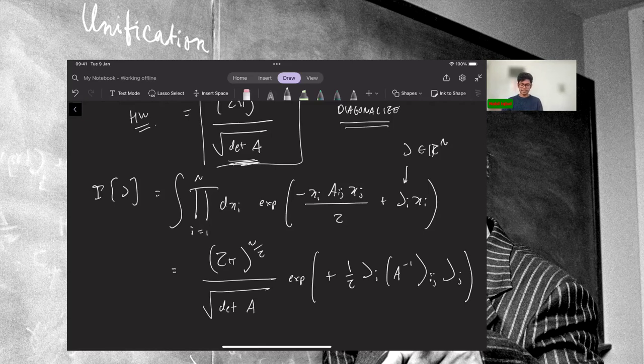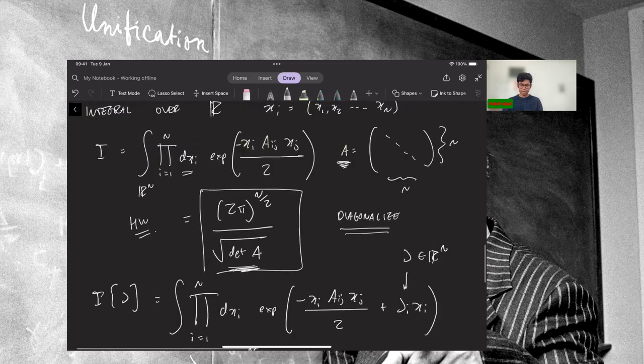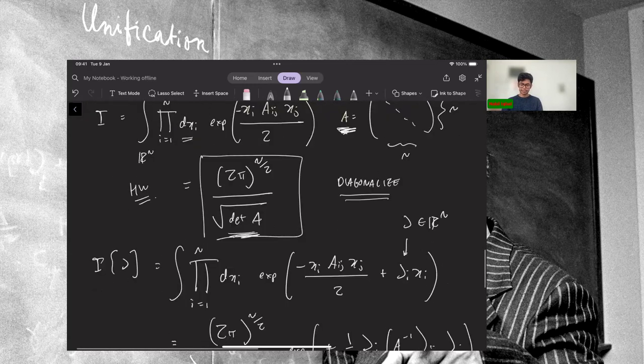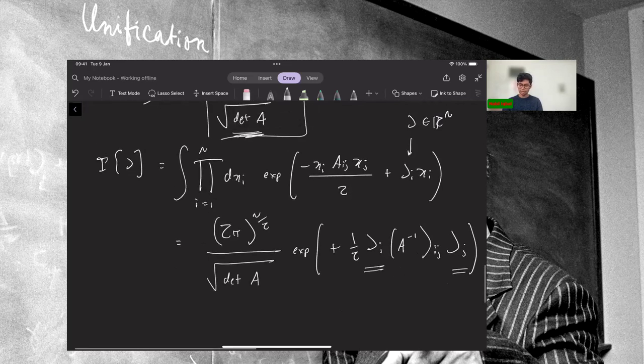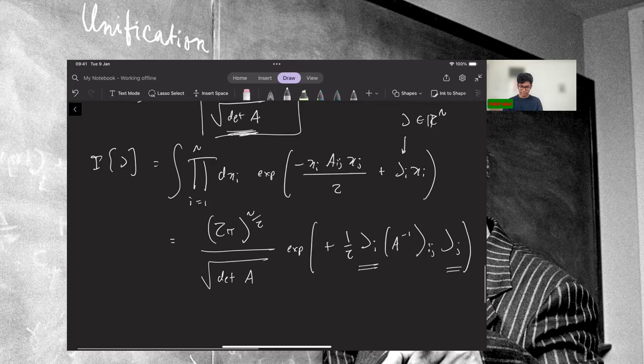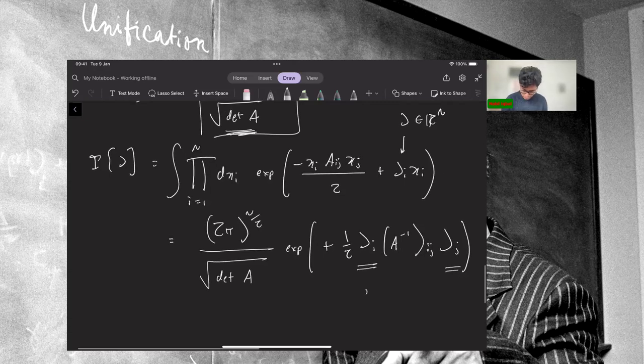Let's just take a second and think about this again. What's happening here? You see, A is a matrix, and so it has an inverse, hopefully. And this is saying take the inverse of the matrix A, and then dot it into J in this way. J_i dotted into A inverse, dotted into J. So in a vector notation, this would look like J dot A inverse dot J. That's what's happening here. All right.